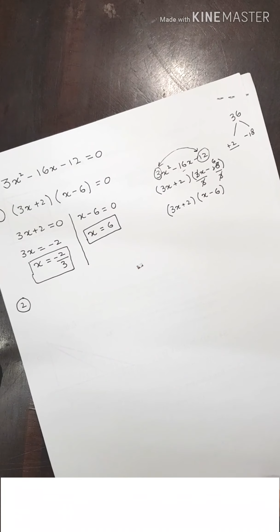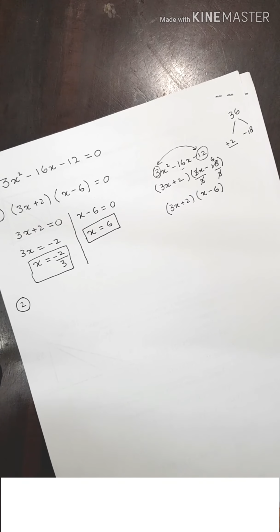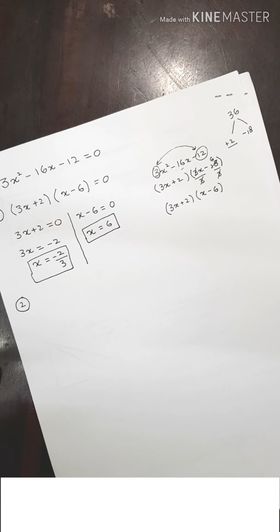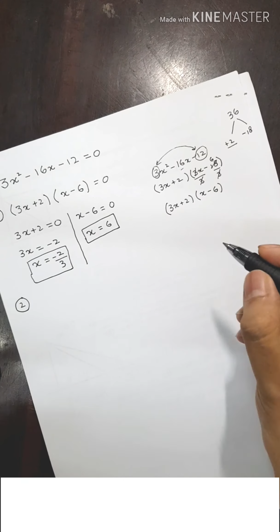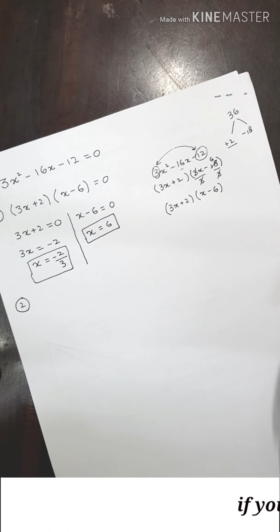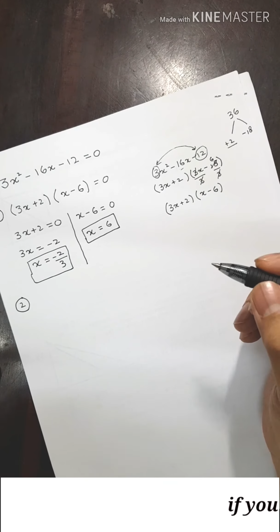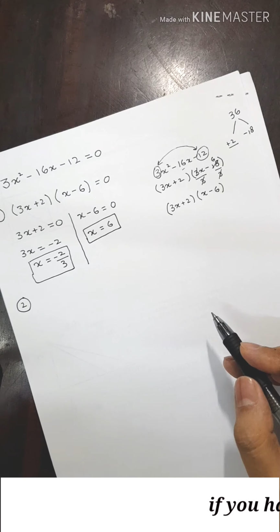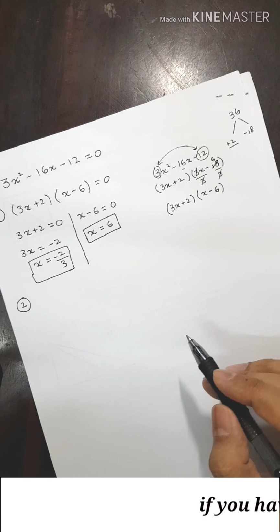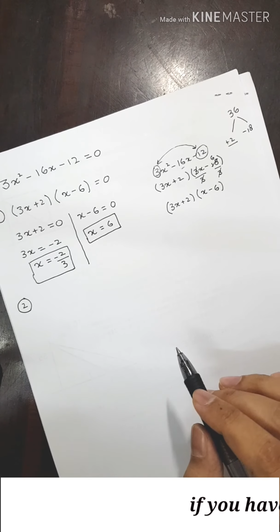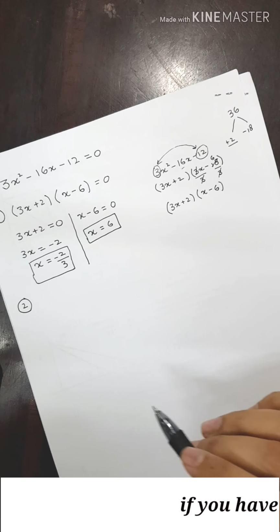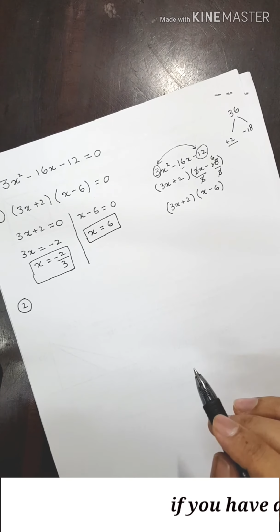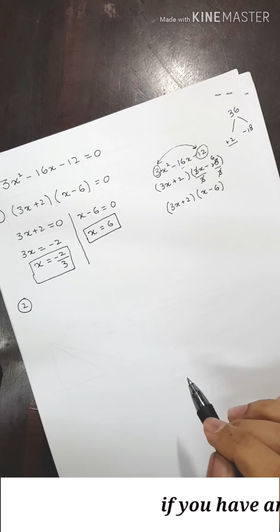Now we are discussing the second method, the easiest method, but only if you know the quadratic formula. The quadratic formula is considered the magic key for finding the roots, the solutions of any quadratic equation, because with its help you can find any type of root: real, imaginary, decimal, all values you can easily find.